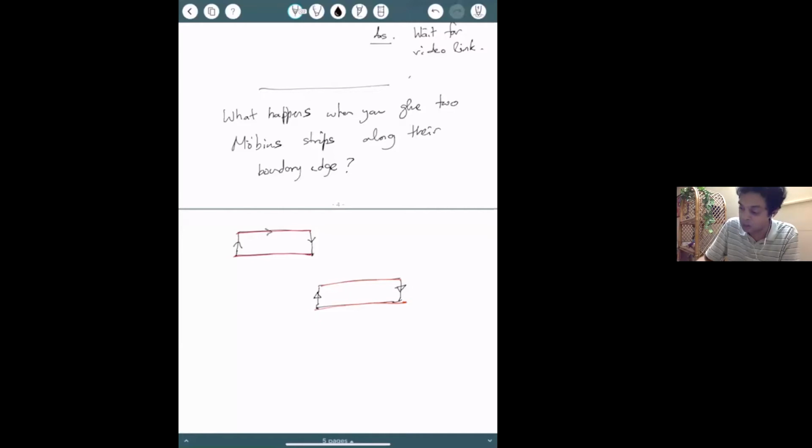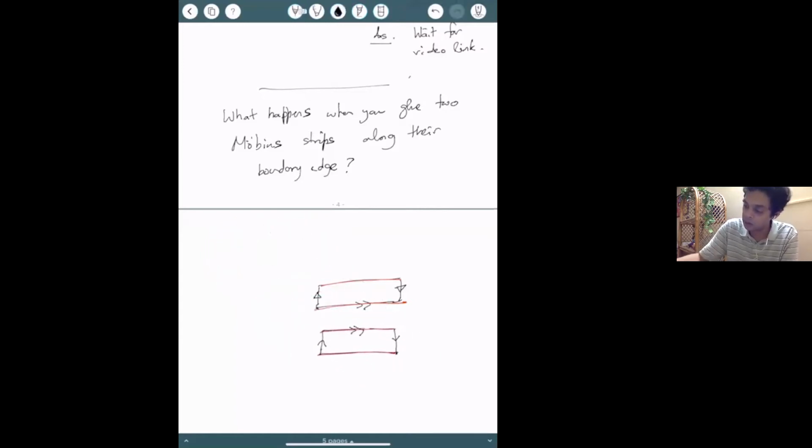So now this guy, I'll think of as gluing to, let's say, this edge. I'm going to glue it to this edge, right? Let me take this guy here and bring it here.